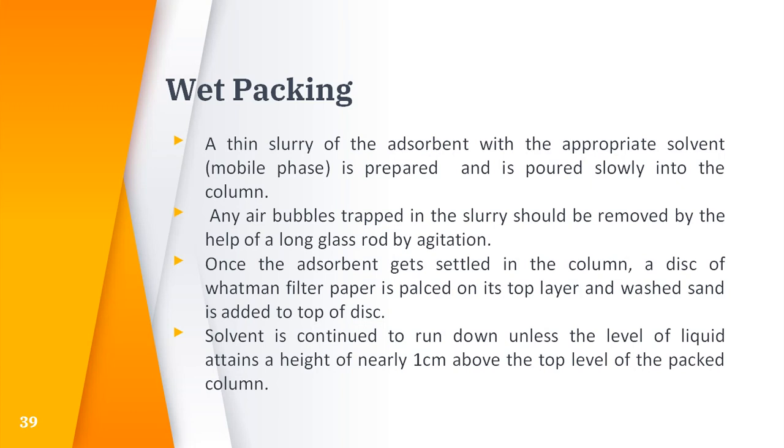Once the adsorbent has settled in the column, a disc of Whatman filter paper is placed on its top layer and washed sand is added to the top of the disc. Then solvent is allowed to run down until the level of liquid attains a height of nearly 1 centimeter above the top level of the packed column.